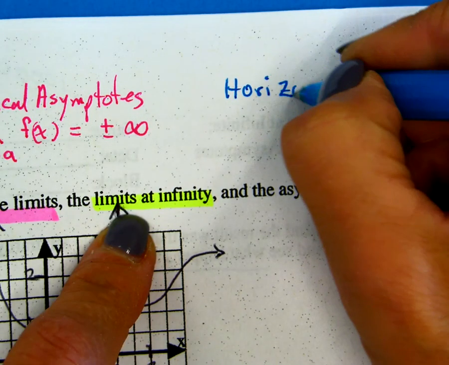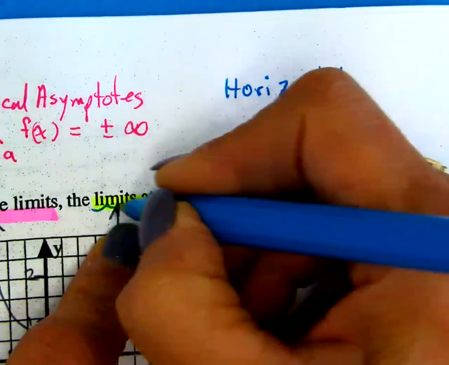On the other hand, we get limits at infinity, so a horizontal asymptote.